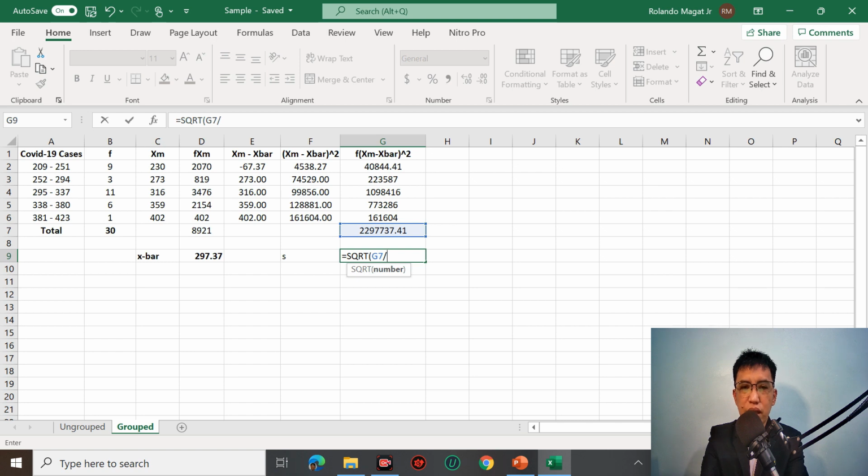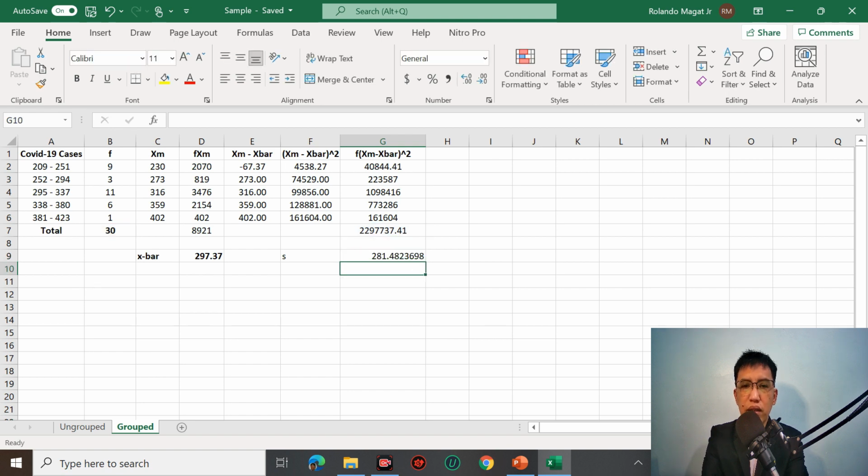Let's put a parenthesis first, open parenthesis, this, minus 1. Don't forget the minus 1. Close parenthesis, and then another close parenthesis, then enter. This would be our standard deviation.